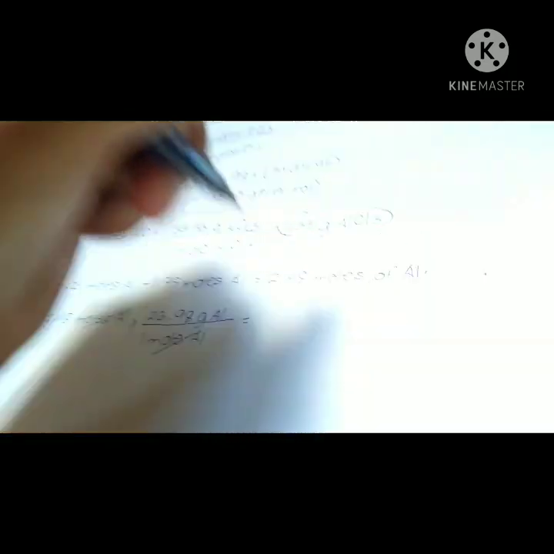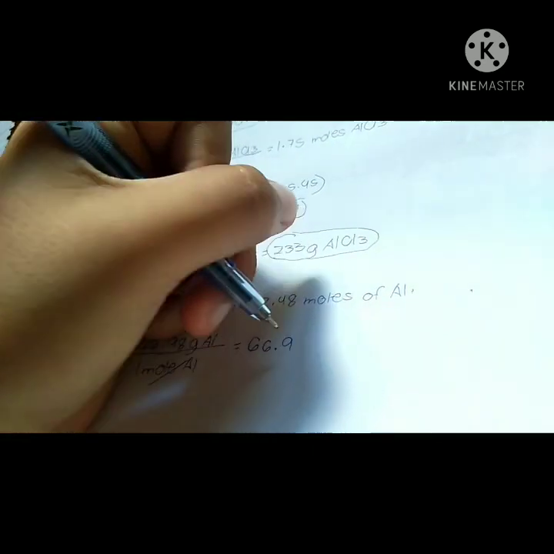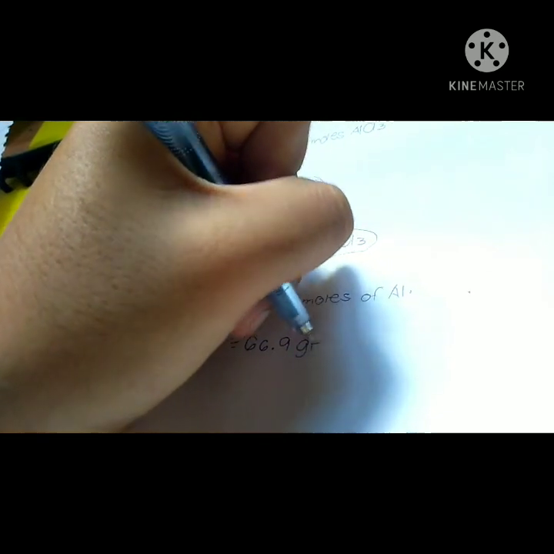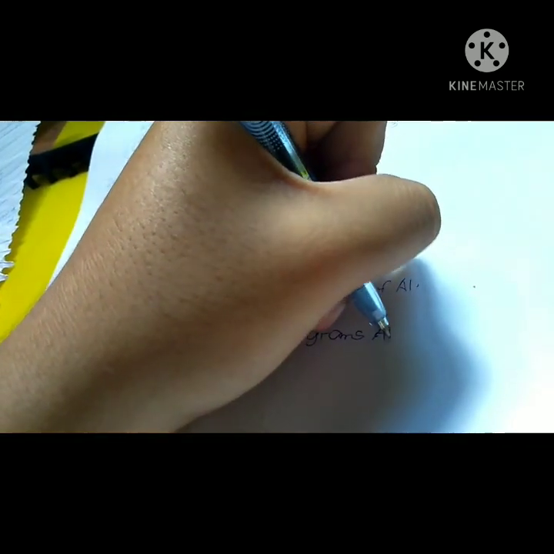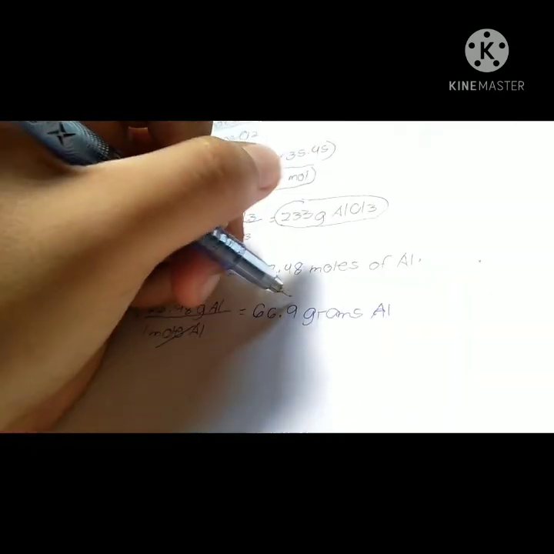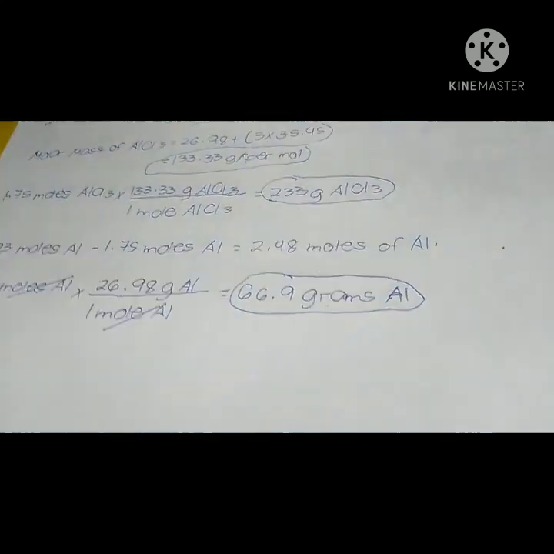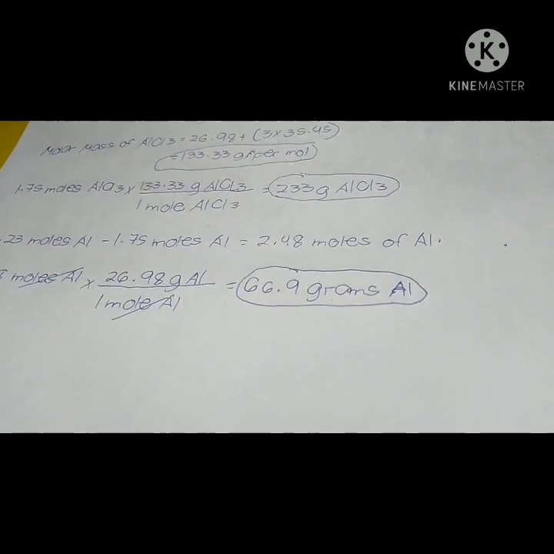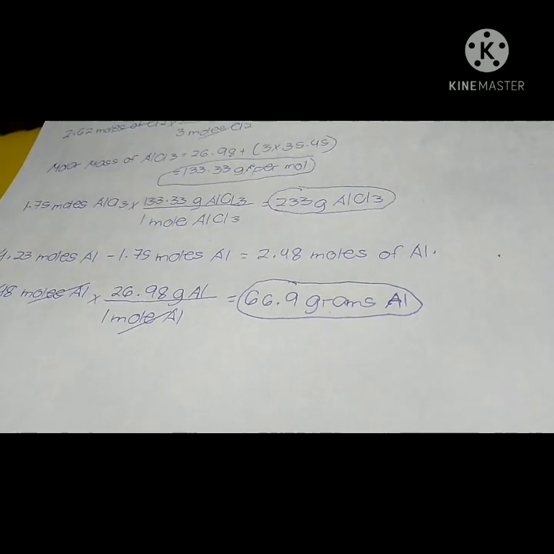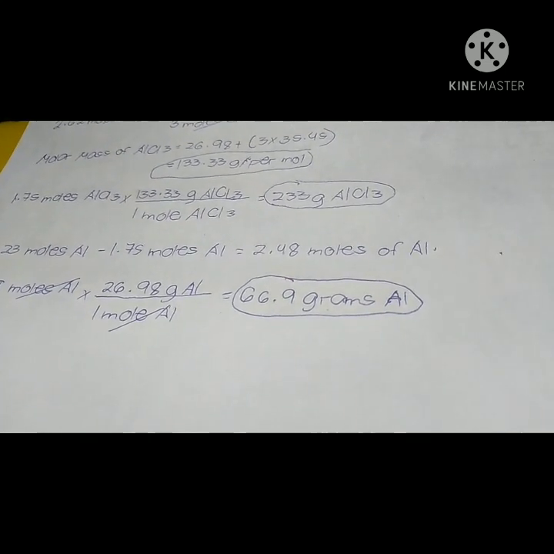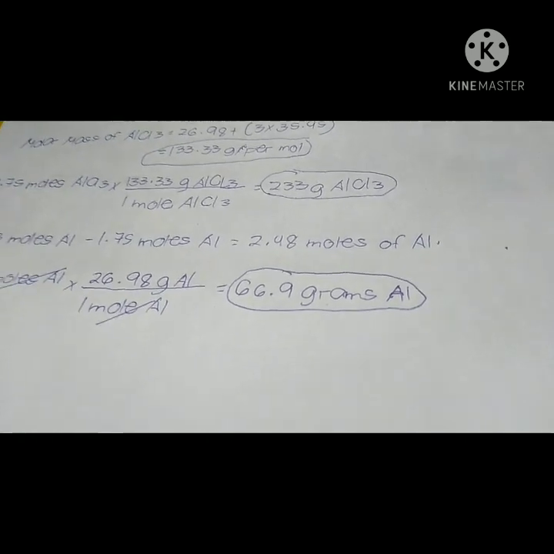So the total answer is 66.9 grams of Al. And this number tells us the amount of excess aluminum that we have left over.